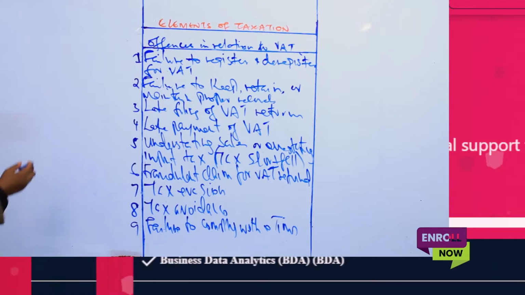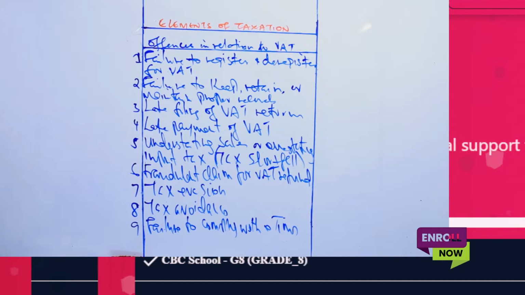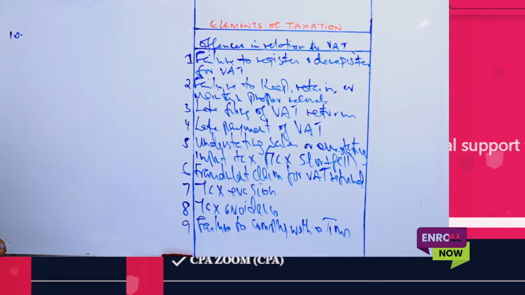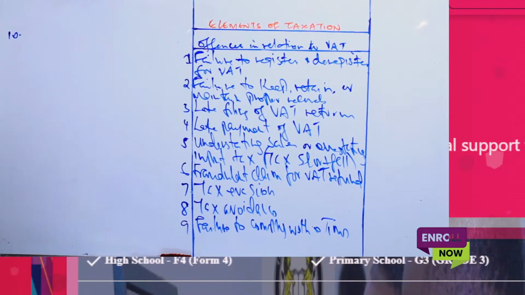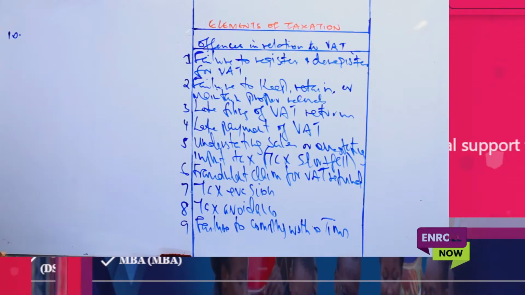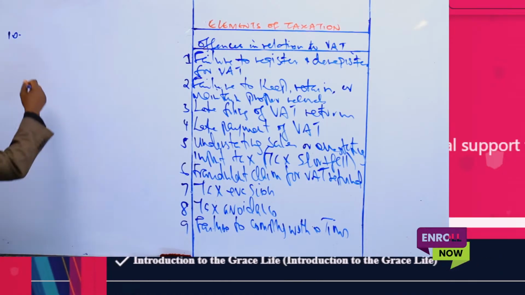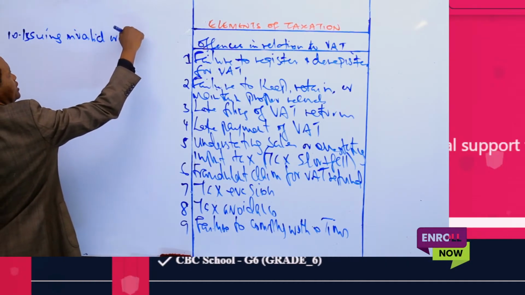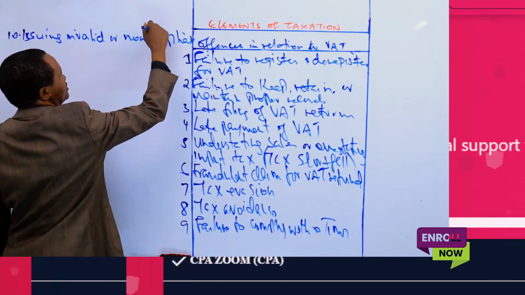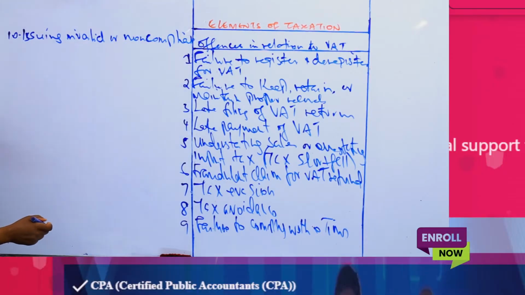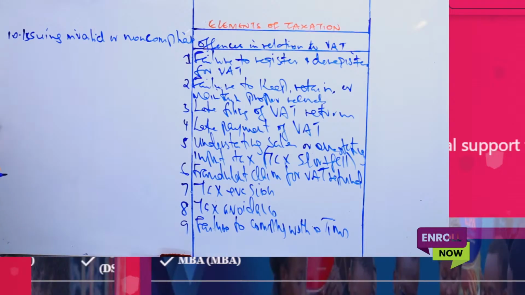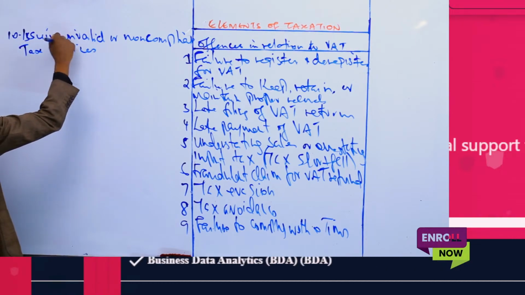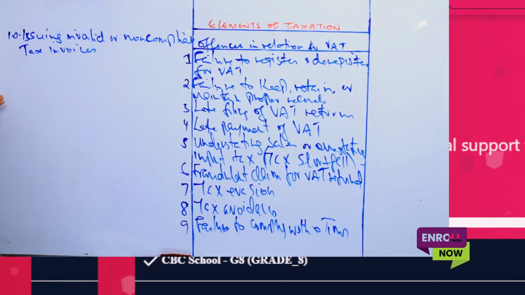Offense number 10 is issuing invalid or non-compliant tax invoices. Issuing invalid or non-compliant tax invoices constitutes an offense.